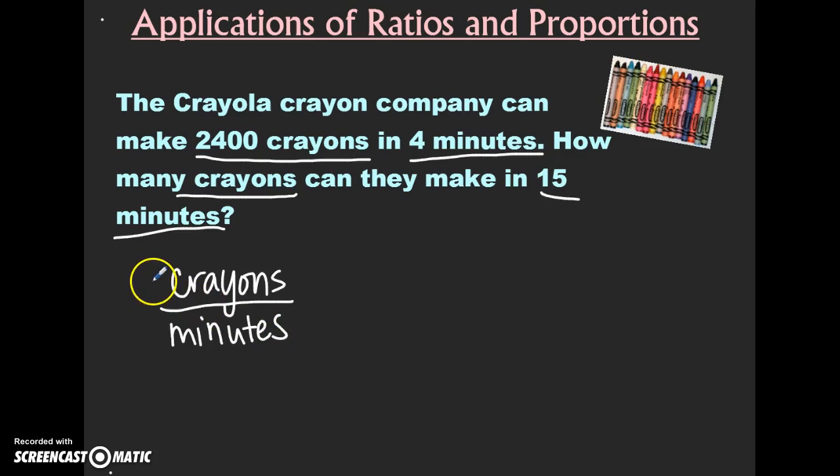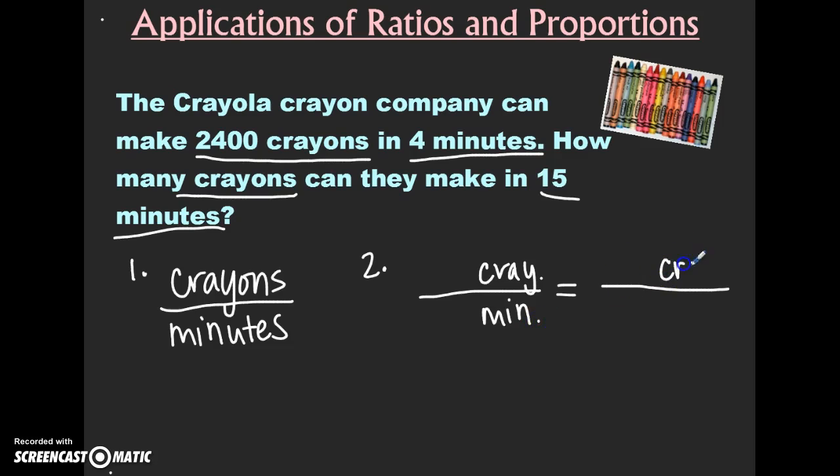So the first thing I'm going to do is write out that ratio using the words. Now I'm going to actually set up my proportion. So my proportion is two ratios equal to each other. And I just established that my ratio is crayons over minutes. So each ratio on either side of the proportion is going to be crayons over minutes.